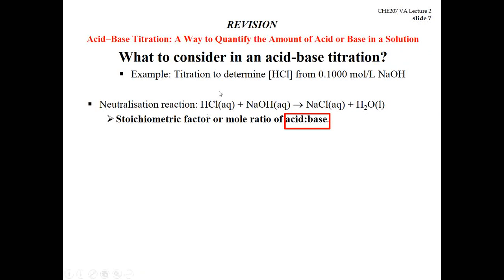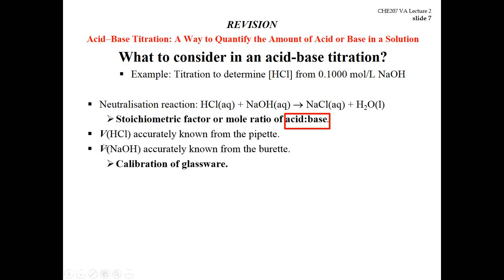What do we have to consider in an acid and base titration? For our current example, to determine the concentration of HCl from the standard solution of 0.1 mole per liter NaOH, we need to know the reaction between HCl and NaOH. This means that we need to know the stoichiometric factor or the mole ratio of the acid to the base. We need to know the volume of the pipette accurately.